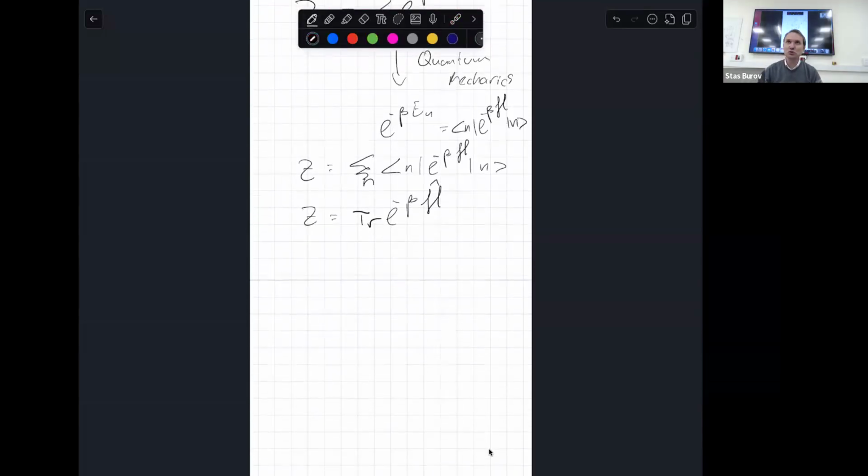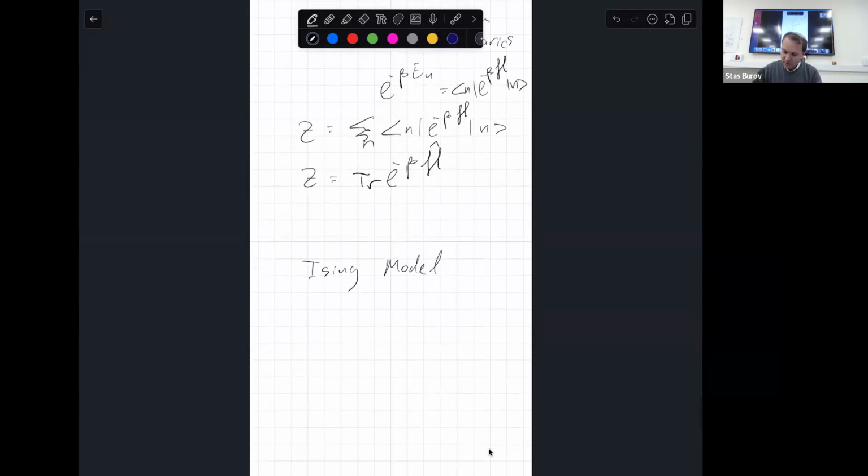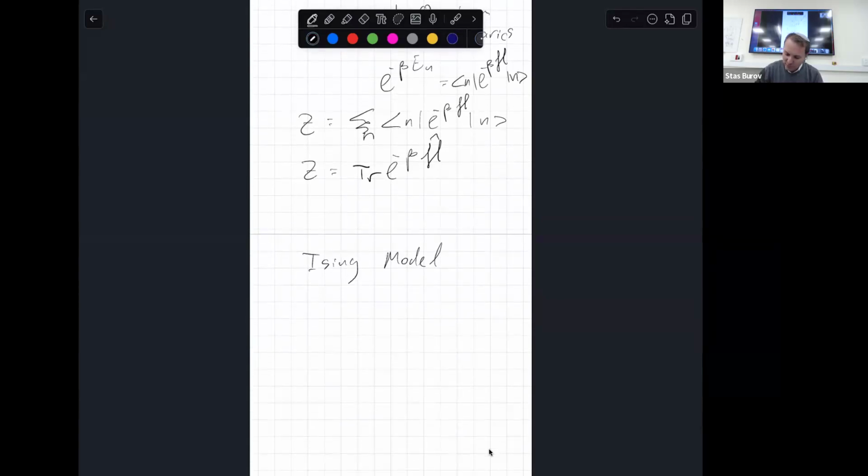The idea is as follows. We can look at a one-dimensional system. So this is the Ising model. And this idea of a model of magnetism is very simple. If we look at one dimension, for example x, we have a lattice. This lattice describes the structure of the system.